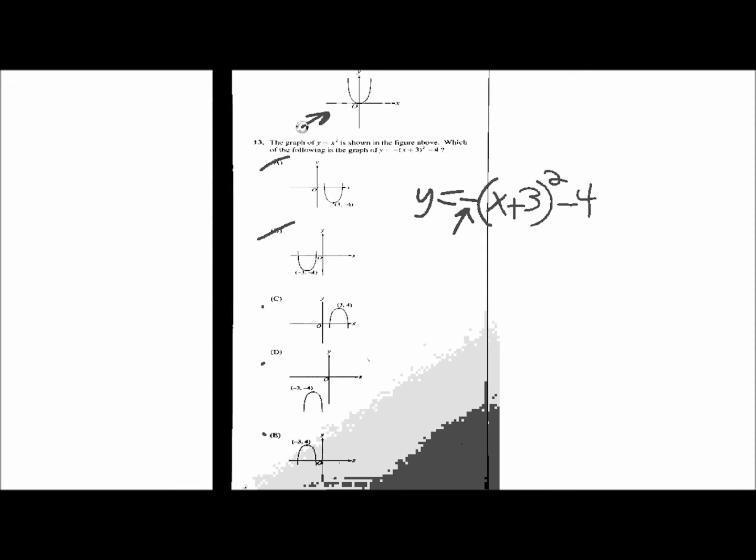So we can eliminate this one because it's moved to the right. So it has to be between these two. Now the difference between these two is we got a positive 4 here and a negative 4 there. Well, we can see this other constant is the one that moves it up and down on the y-axis, and it's a negative number, so it has to be D, and we can mark out E.